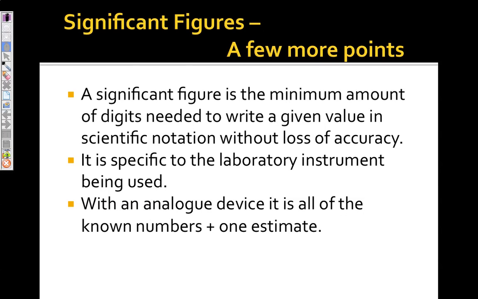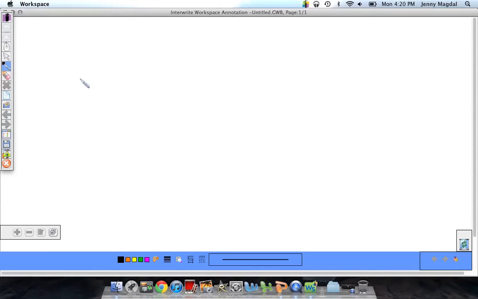If we are using an analog device, we measure significant figures by looking at all of the known numbers plus one estimate. Let's take a look at what I mean here. If we have a graduated cylinder, analog means not digital, not electronic.